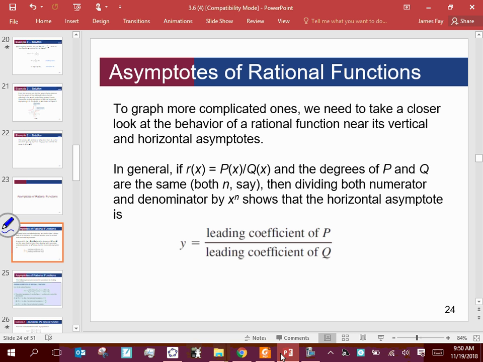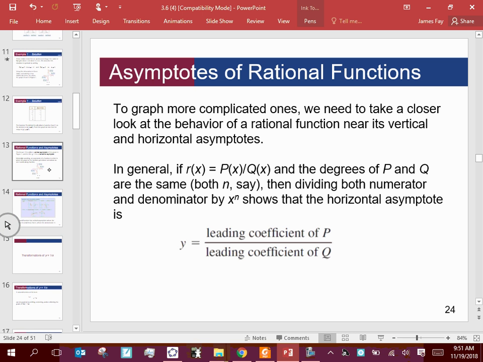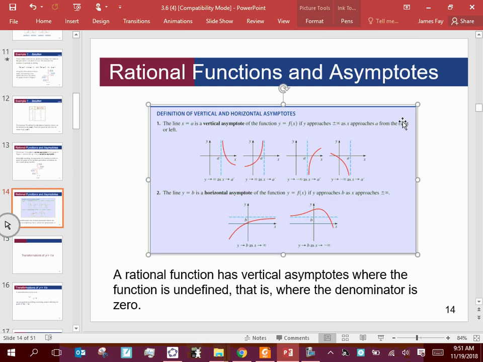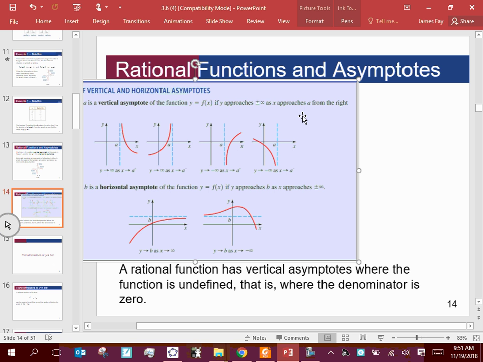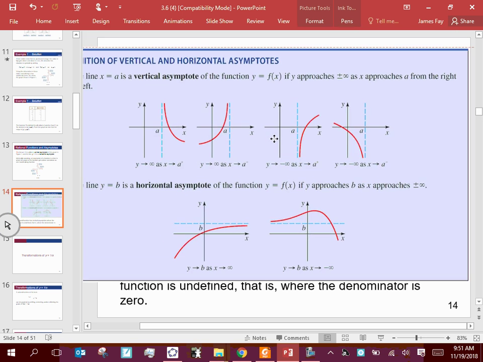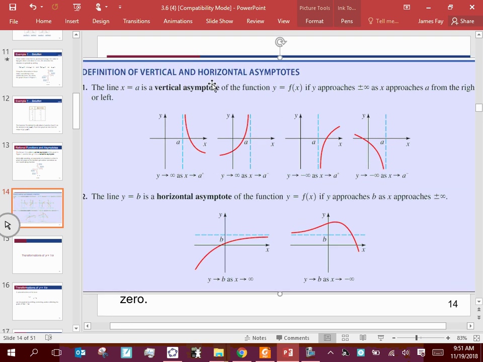You guys remember when we did end behavior? End behavior. So by definition, the definition of an asymptote here says, and this is a vertical asymptote, it says x equals a is a vertical asymptote if the function f of x approaches positive or negative infinity as x approaches a from the right or left.